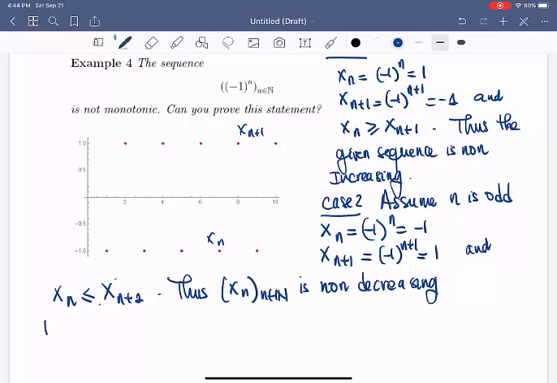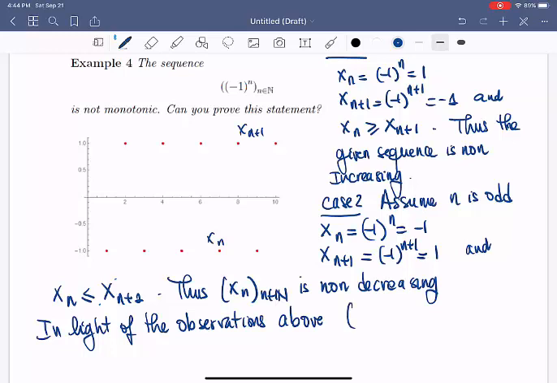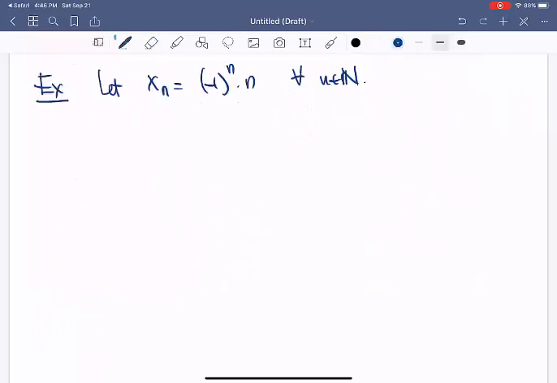So in summary, in light of the observations above, xn is not a monotonic sequence. A similar analysis will show the following.